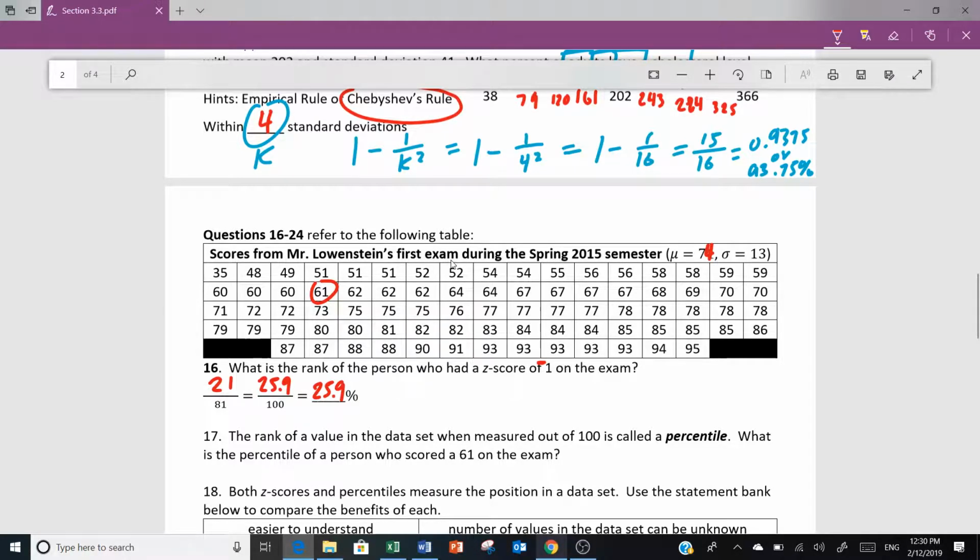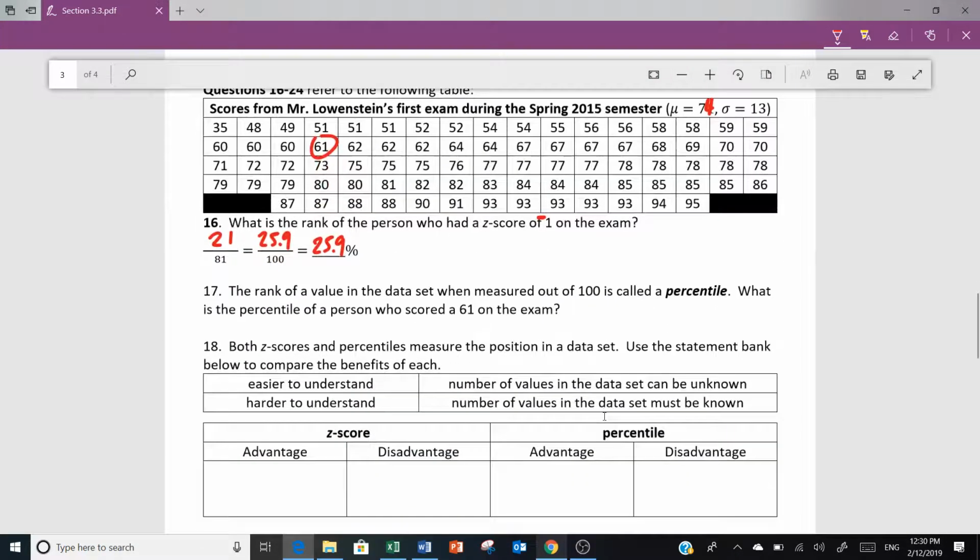That's called a, well, I want everyone to write down what the percentile is for number 17. Okay, groups of 2, what's the percentile?